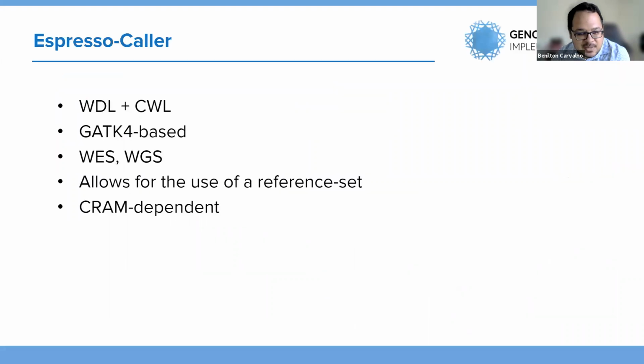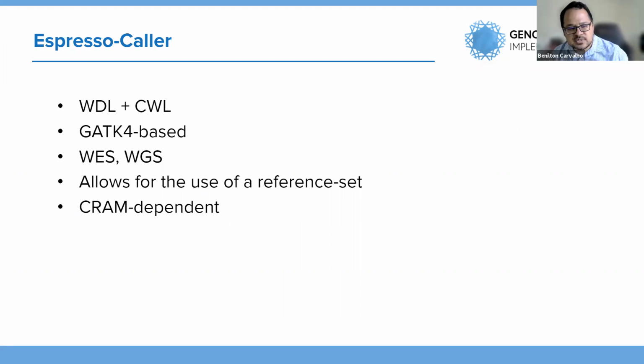But anyways, we have implemented something for our local work that we are calling Espresso Caller, a GTK4 based tool that still combines WDL and CWL to account for local requirements that we have.